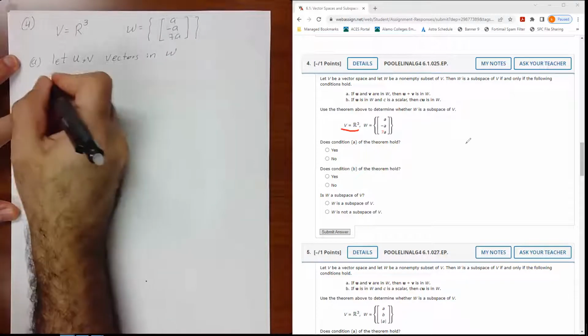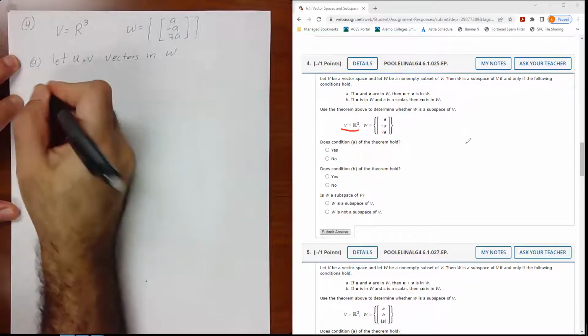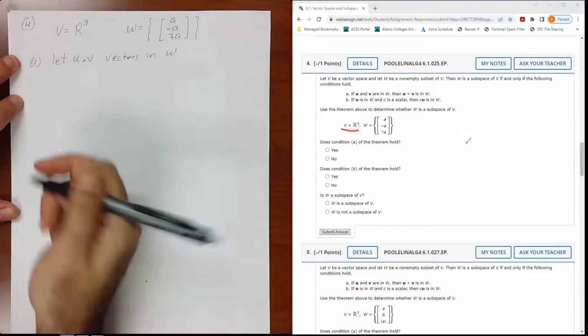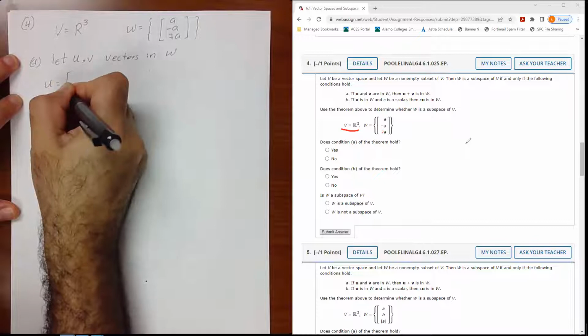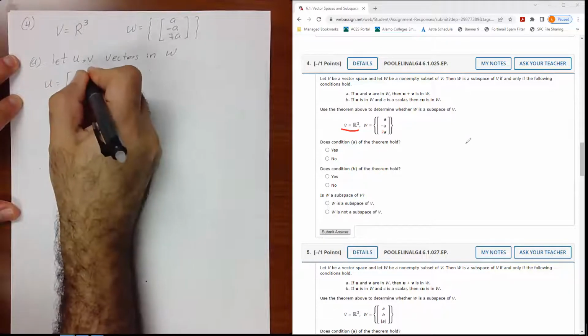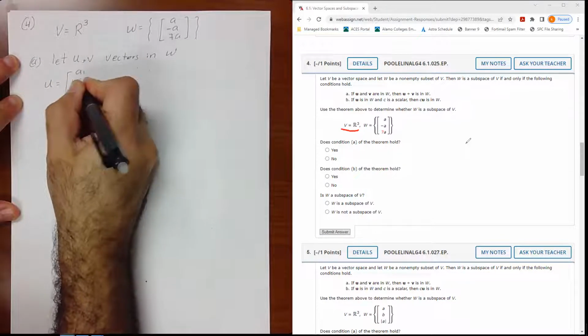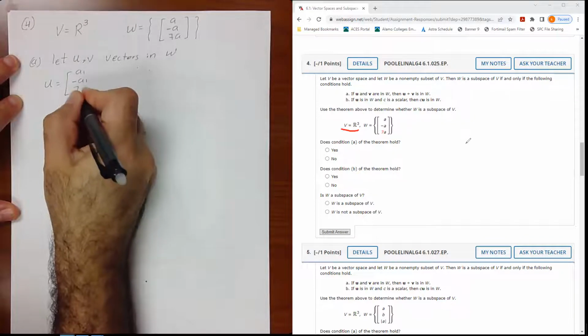Then U plus V. First of all, we need to write down the vector U, how it looks like. U equals A1, negative A1, and 7A1.